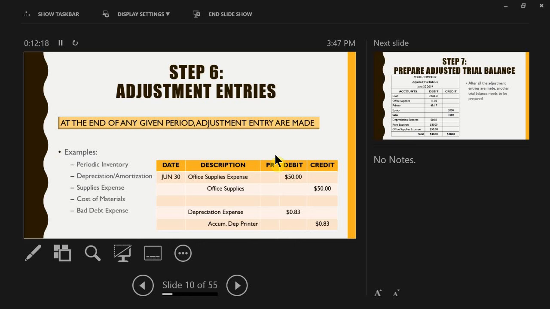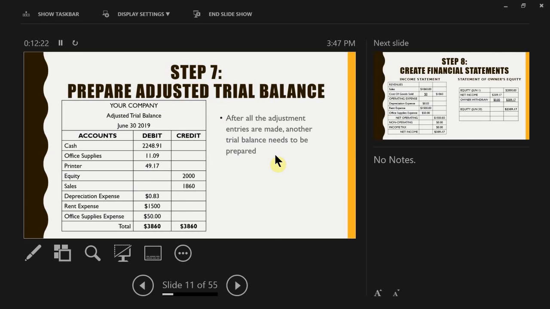Once we create our adjustment entries, next we have to redo a new trial balance, but this is adding in our adjustments. As you can see, I adjusted my supplies, right? I no longer have $60.09.